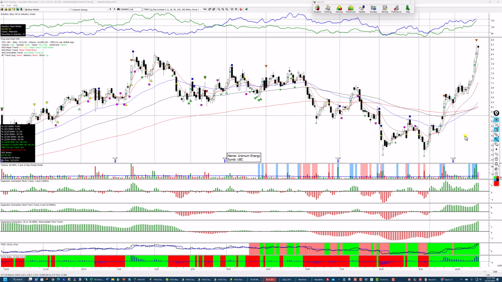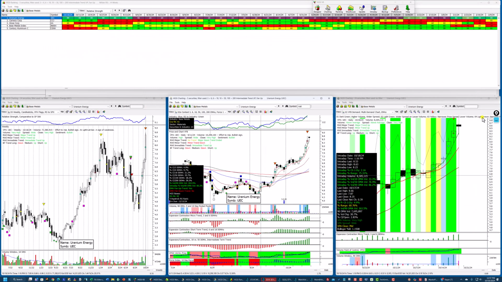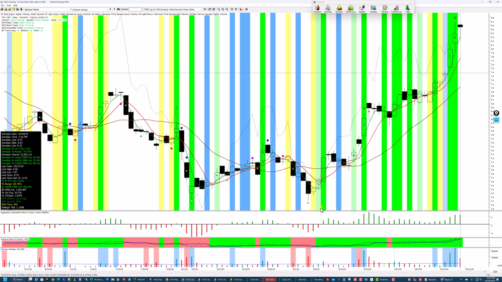Now I'm going to take a look at this one here with the Wyckoff indicators. And right here with stopping volume, here's your first accumulation bar. Second with 2 efforts to rise, slight pullback, accumulation day, spinning top.